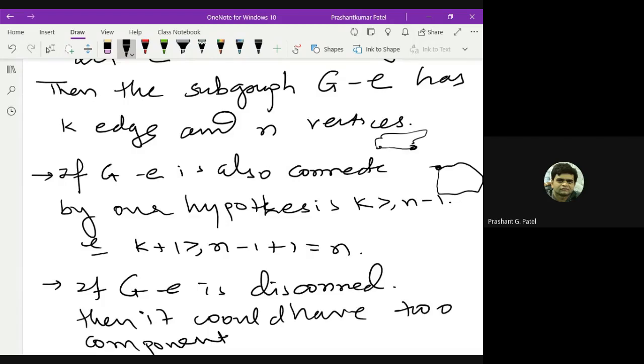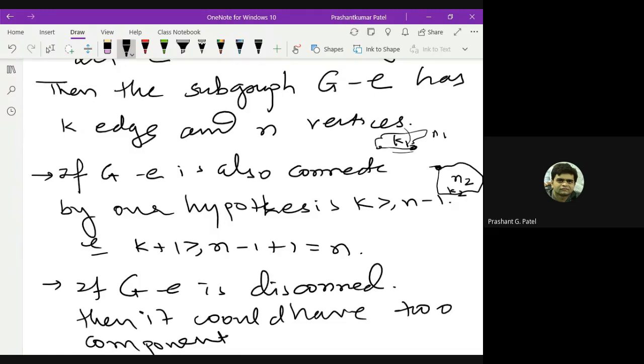So let's say this is the graph with n1 vertices, and this will have n2 vertices. It has k1 edges, and this will have k2 edges.